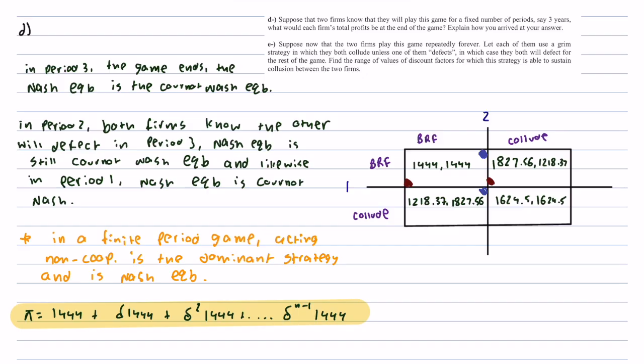Now, if either firm is to defect, they're going to defect in the very first period. Why? Well, because $1 today is worth more than $1 tomorrow, and therefore defection is always going to happen in the first period in an infinite period game. So how do we solve this question?